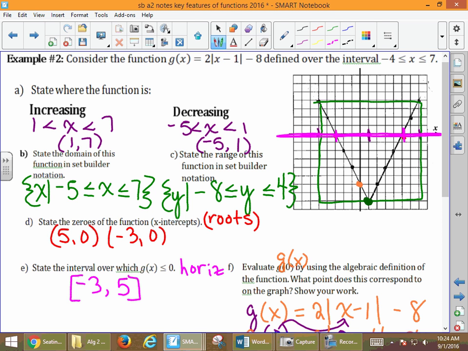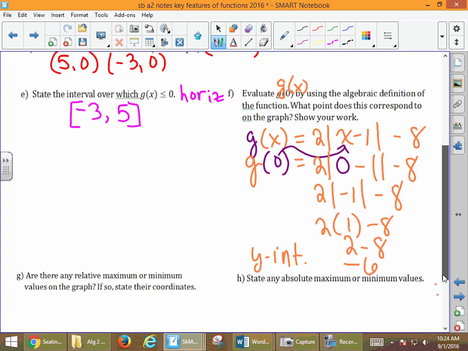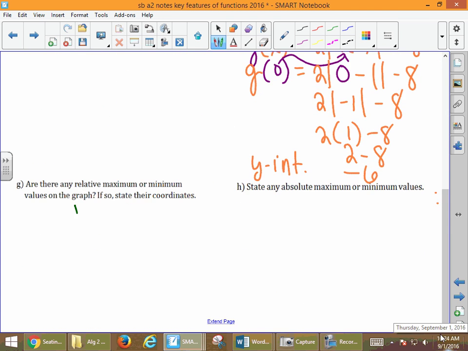Now, that ordered pair is positive 1, and then 1, 2, 3, 4, 5, 6, 7, 8. It is 1, negative 8, which is a relative min. We don't have a high point on the graph, a relative max.